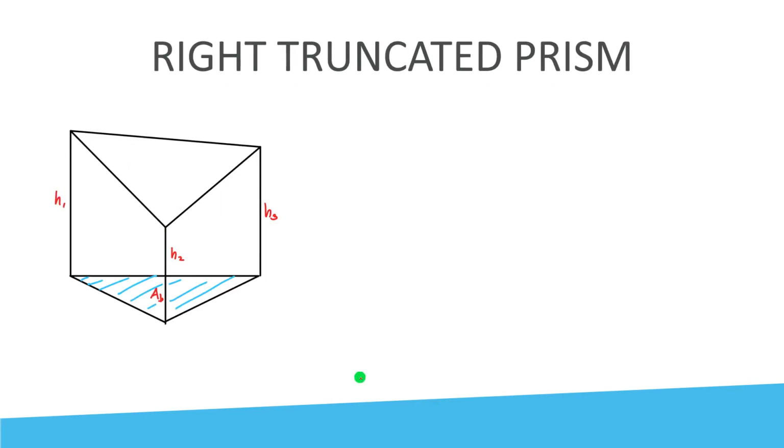For a right truncated prism, if the lateral sides are not of equal length, which are represented here as h1, h2, h3, in order for us to compute the volume of this truncated prism, we divide the area of the base by the number of sides of the base. If this is a triangular truncated prism, we have a total of n, which is 3.